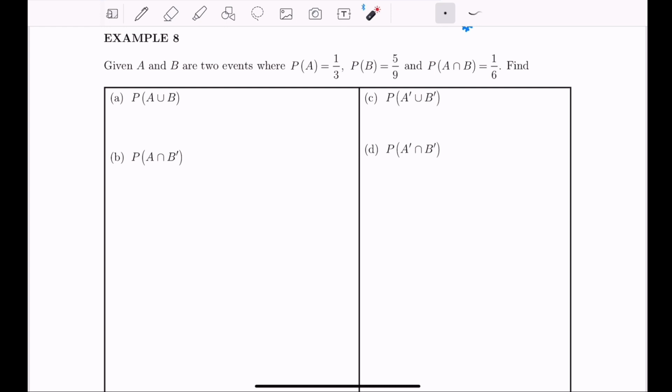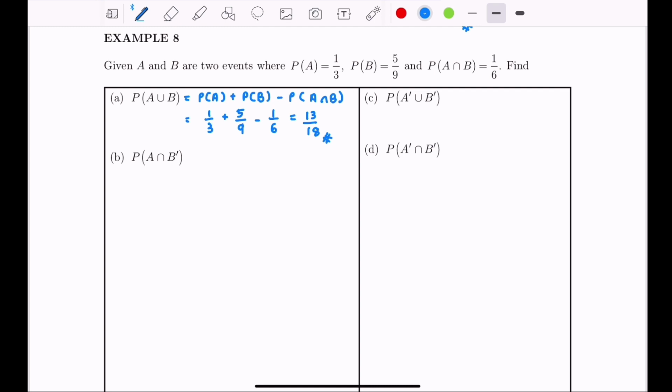We have to find the probability of A union B. We can use the formula: probability of A plus probability of B minus probability of A intersect B, which equals 1 over 3 plus 5 over 9 minus 1 over 6. If you calculate using a calculator, you should get your answer as 13 over 18.